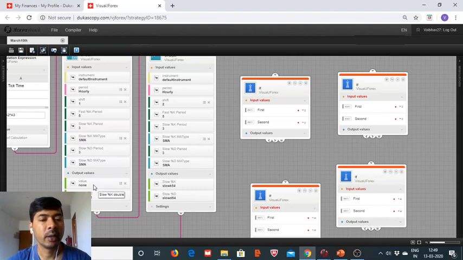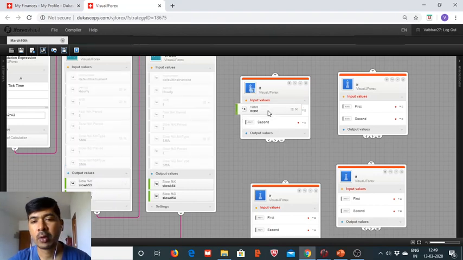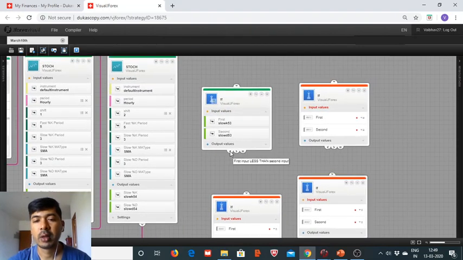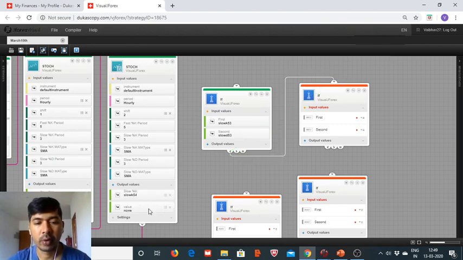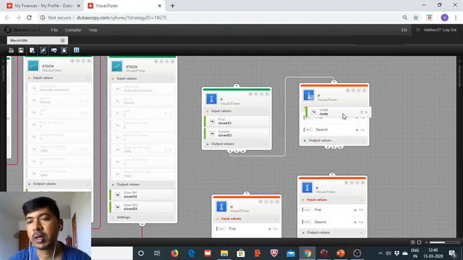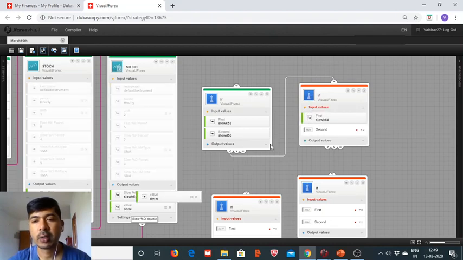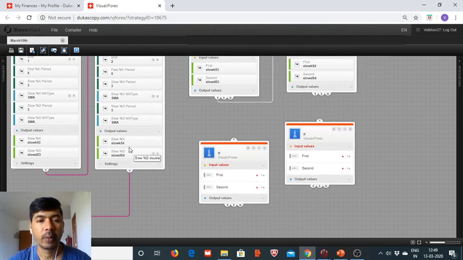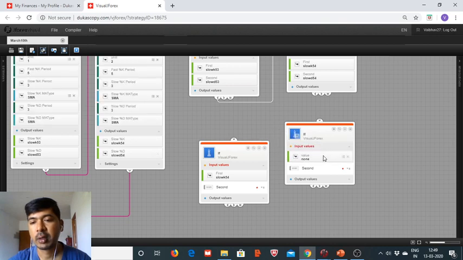So right now we check whether the current slow K was below slow D, so we put in the condition that slow K should have been below, and we put in a different condition for shift 2, slow K should have been greater than the slow D, and here we want to compare these values, and we define at 50 each, and this time these values need to be above 50.